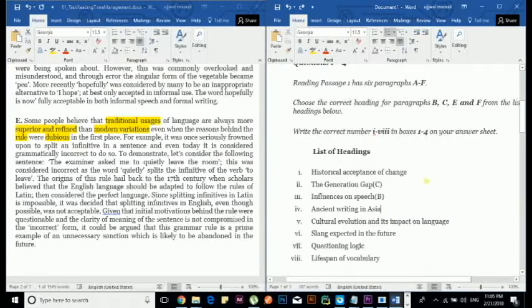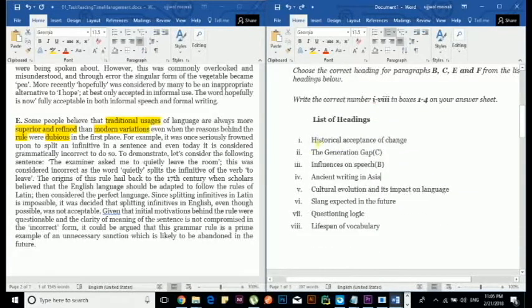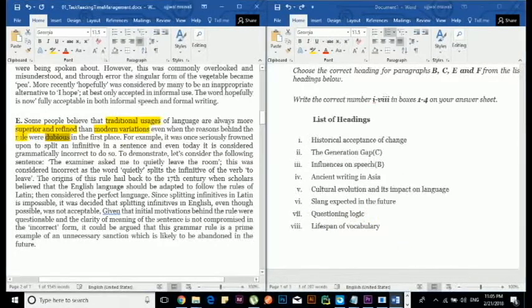So let's find a suitable heading for this. Historical acceptance of change, no. Ancient writing, cultural evolution and its impact on language, no. Slang accepted in the future, no. Questioning logic. So okay, it might be a suitable option here, because questioning the logic means questioning the rule, and the rule being dubious.